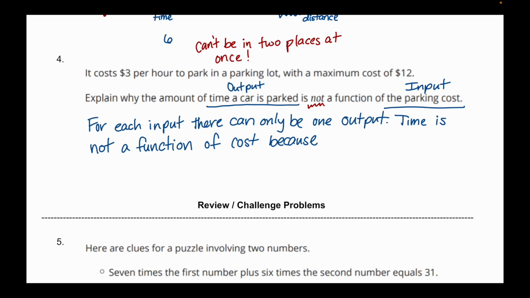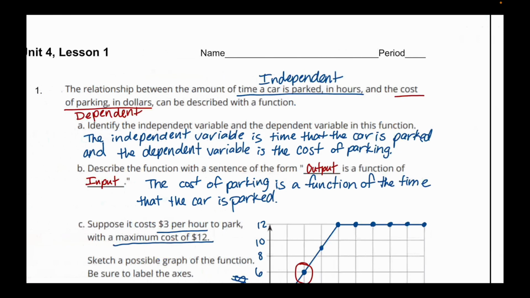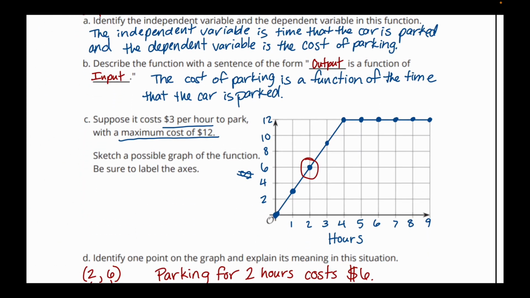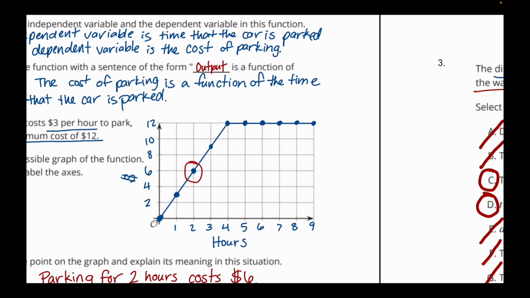If I'm inputting cost, my output is time. So I want to know for each input, there should only be one output. Well, if I switched these and had my input as 12, I would have multiple times. I'd have all these hours here, 4, 5, 6, 7, 8, 9, all of those times cost $12.